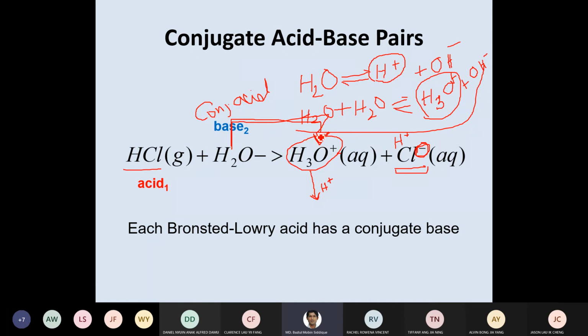So if there is a hydrogen ion nearby, it will bind and produce HCl or something like that. So this is capable of taking one hydrogen ion. I'm not saying that it will take, but it is capable of taking. That means this chloride came from this acid. So that is why it is a conjugate base.